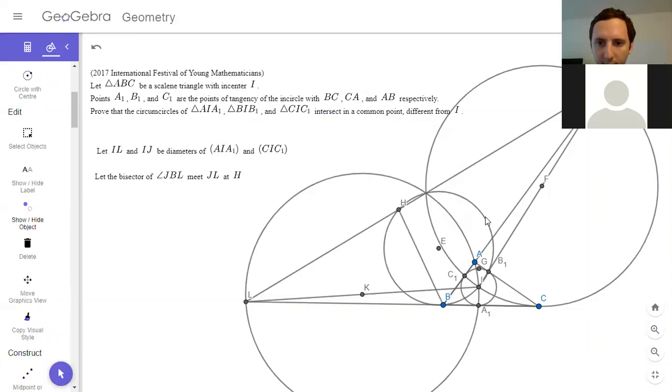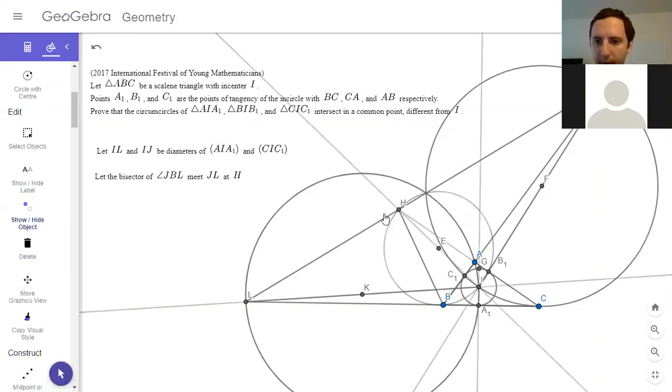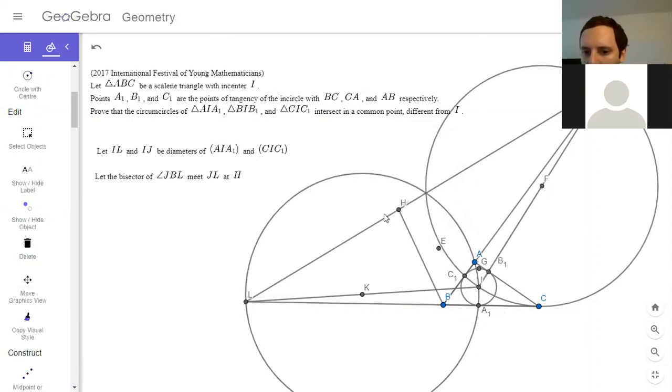And then we have angle IBH is 90 degrees. How do you know that angle IB1H is 90 degrees?